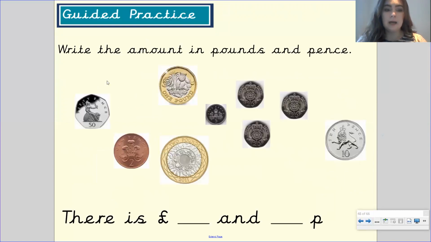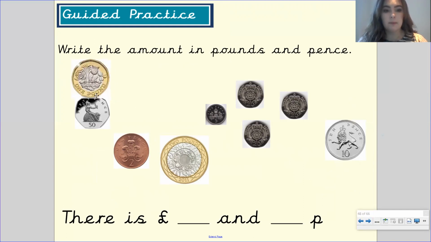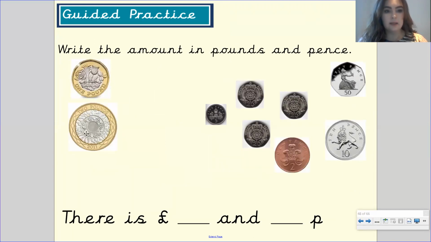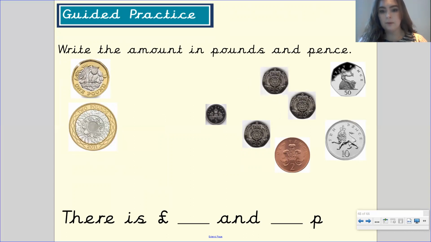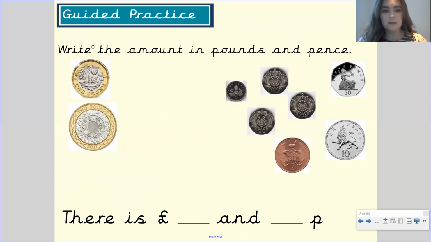Okay, now what we're going to do is write the amount in pounds and pence. You're looking at our money here. And what I'm going to do first is separate my pounds and pence. So that's £1, that's a pence, that's a pence, and that's my pounds as well. Okay, so here are my pence and here are my pounds. What I'm going to do first is add together my pounds. So I've got £1 and £2, which gives me £3.